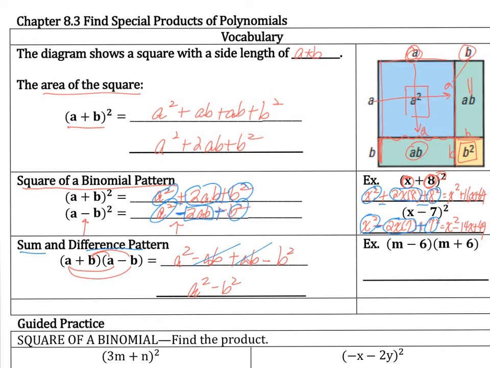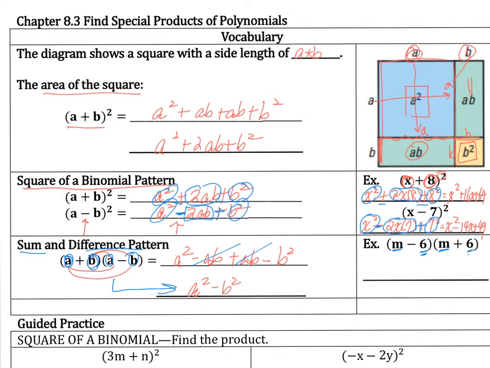So whenever you get a binomial that's multiplied together and the first numbers are the same and the last numbers are also the same, then you can simply take the square of the first number and subtract the square of the second number. So if we look at this example here, m and m are the same.